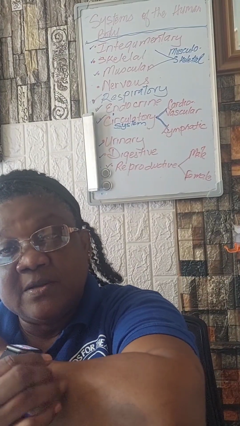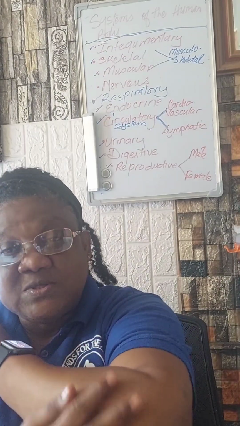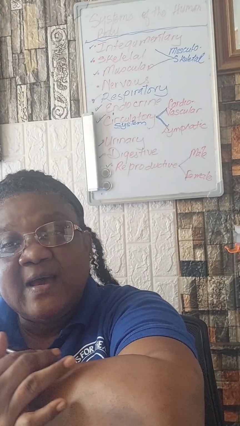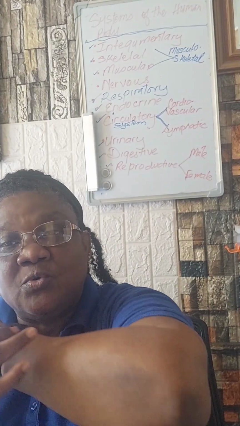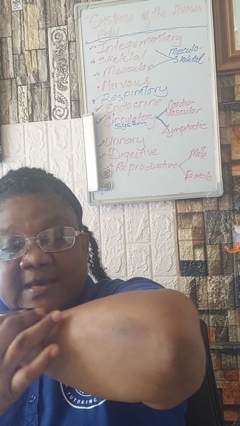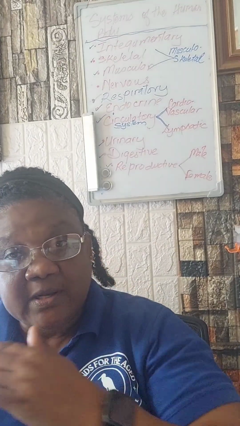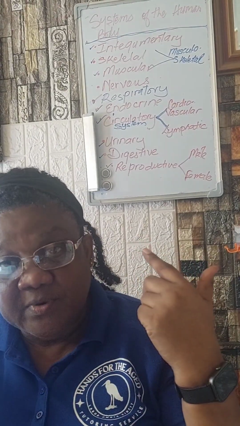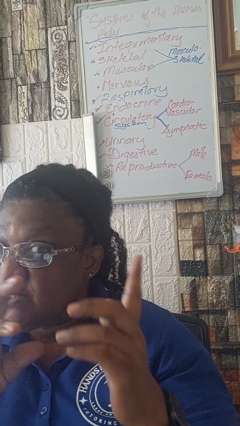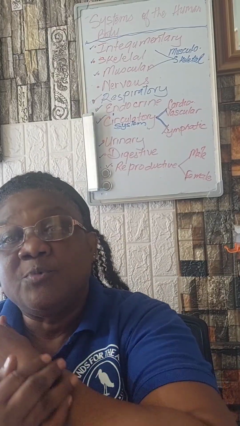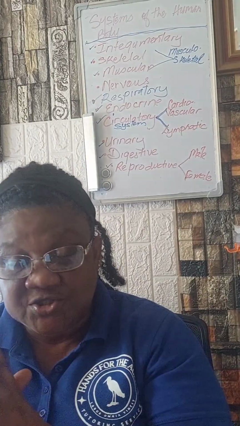We have hairs on our hands, which are part of the integumentary system. So if an ant or even a spider is walking up our hand and touches the hair, the skin gets involved, and information is sent to the brain to say something is happening on the skin. The brain then responds by saying, brush it off, kill it, take action.